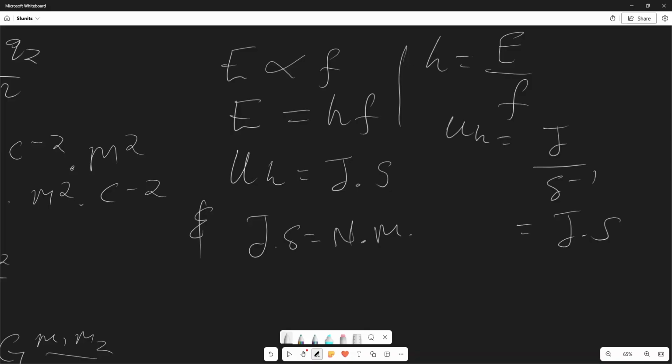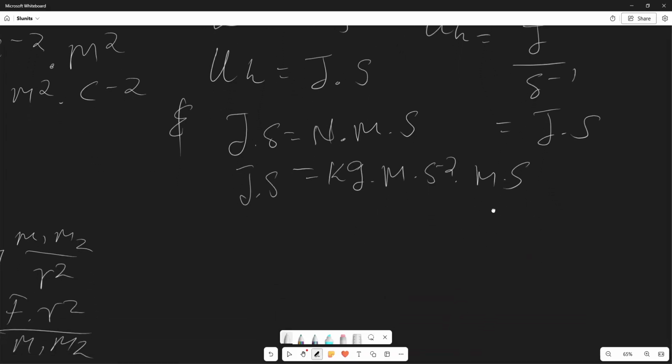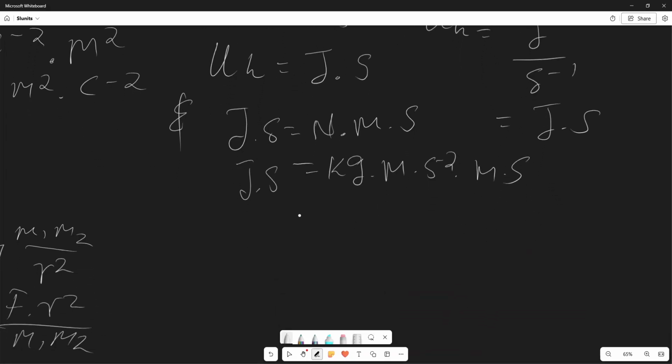Newtons meters second, and then I go on and replace the newtons with kilograms meters per square second times meters second. And then joules second is equal to kilograms meter squared per square second.